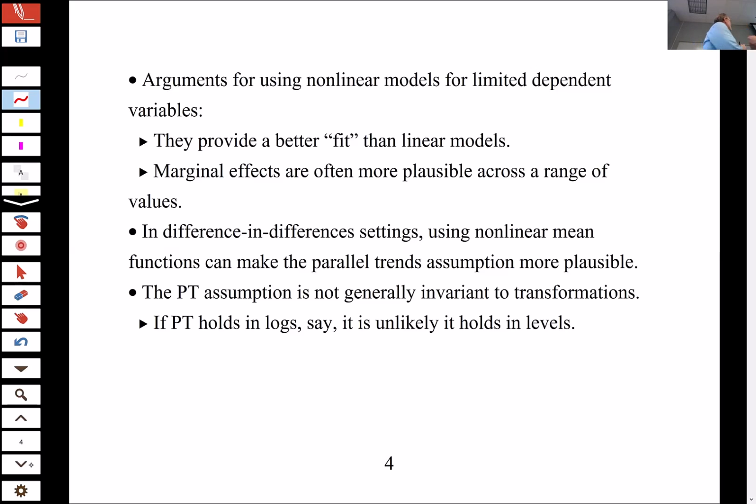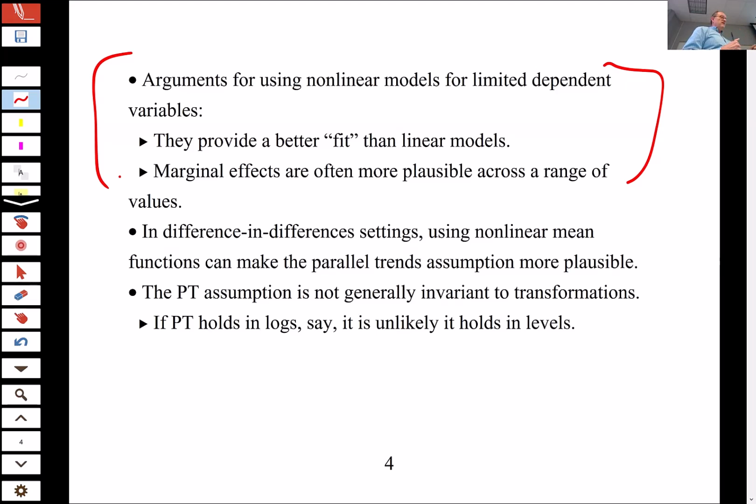Okay, so if we go back to just basic statistics and econometrics, the arguments for using something like a logit or an exponential model would be that goodness of fit could be one reason. That doesn't usually hold much sway these days in economics, at least.